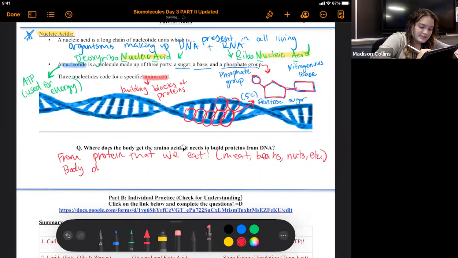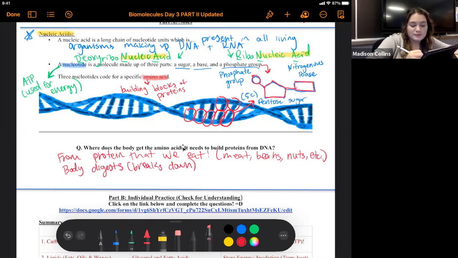Our body digests, or breaks down, proteins into amino acids. And then once our body breaks down the protein into amino acids, our body is able to recycle those amino acids and build our own proteins.